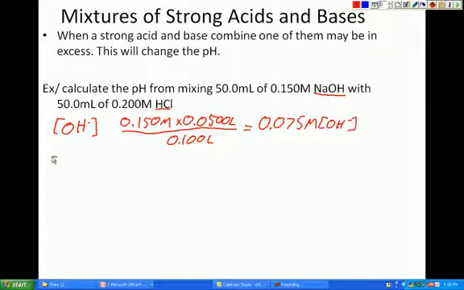And here, let's calculate H3O plus. In other words, it's going to come from this, which is, again, concentration 0.200 moles per liter. And we are going to multiply this against our liters.